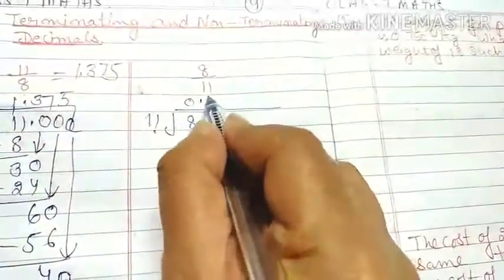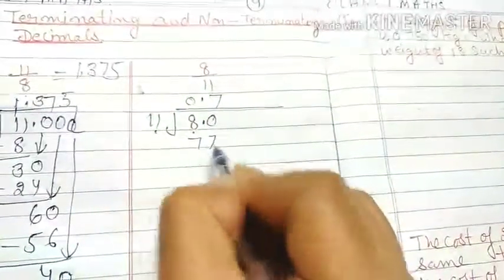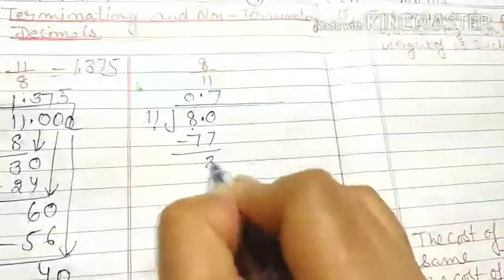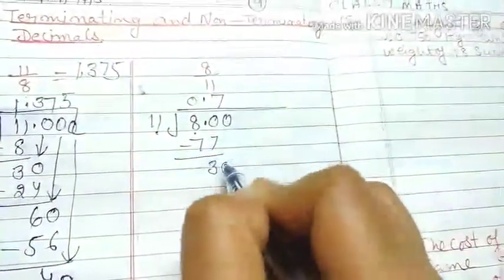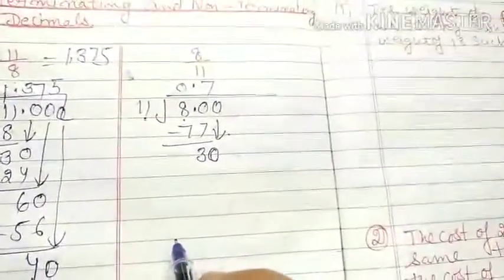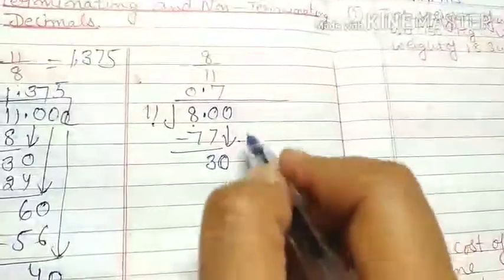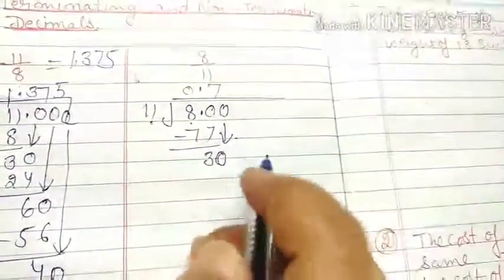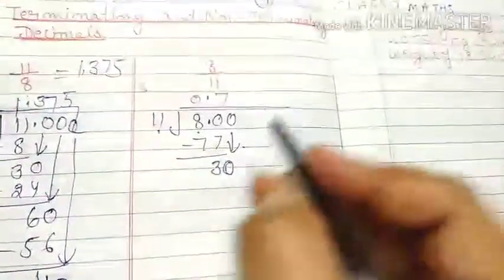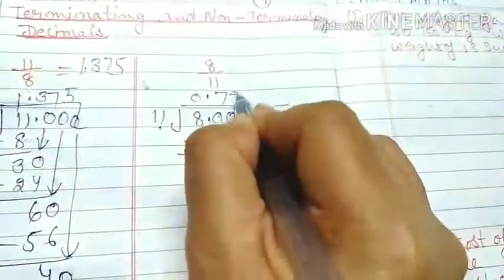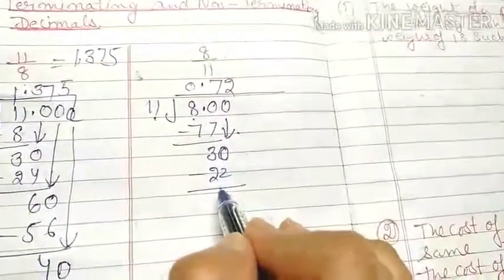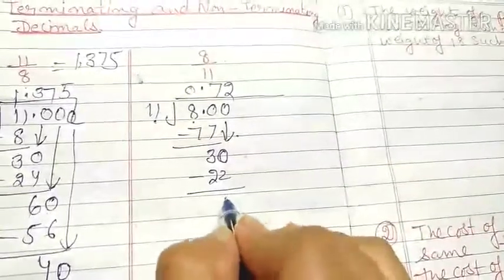Now it goes 7 times, so that gives me 77, and 80 minus 77 gives me 3. One more 0 I carry downward because 3 is again less than the divisor. To make it bigger, I carry one 0 from the upward, because after the decimal you can consider many countless zeros. Then next is 11 2s are 22, so 30 minus 22 gives me 8.